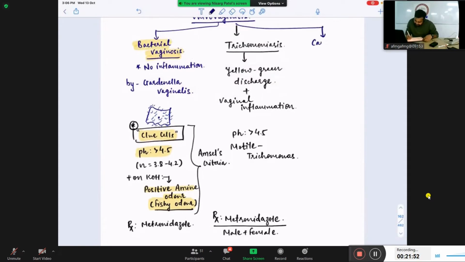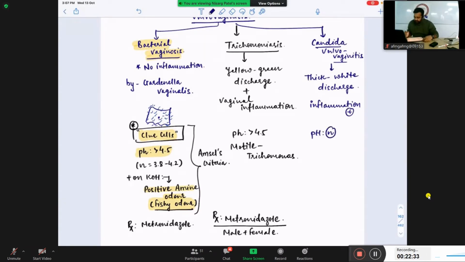Third is Candida vulvovaginitis. In this, the patient will have a thick white discharge. Inflammation will be present.